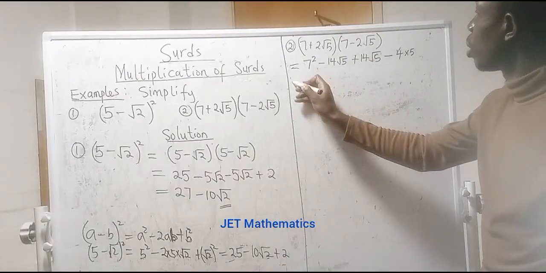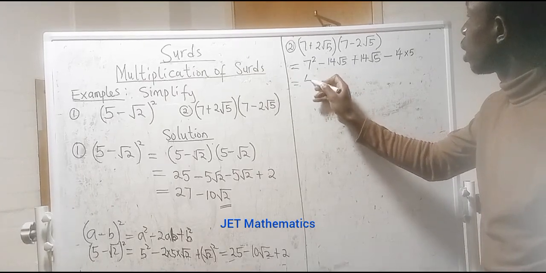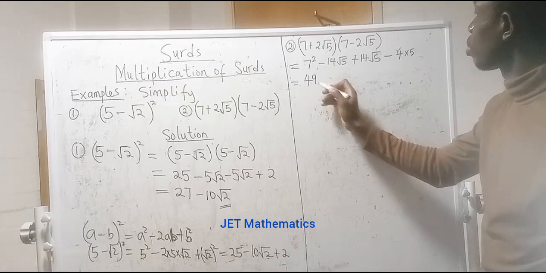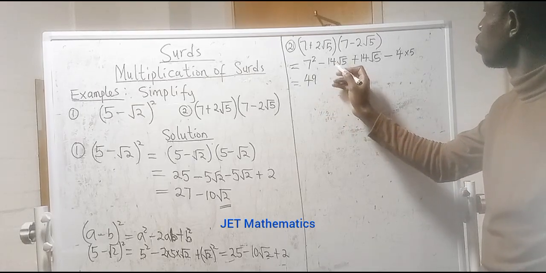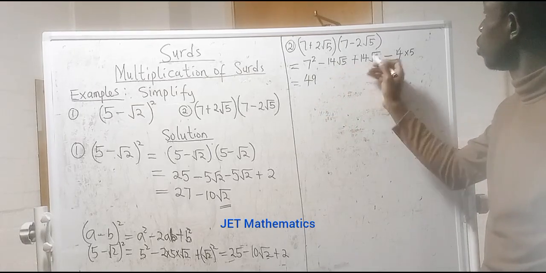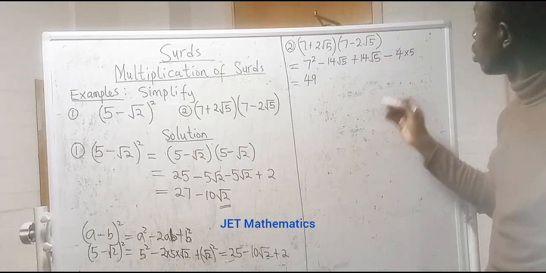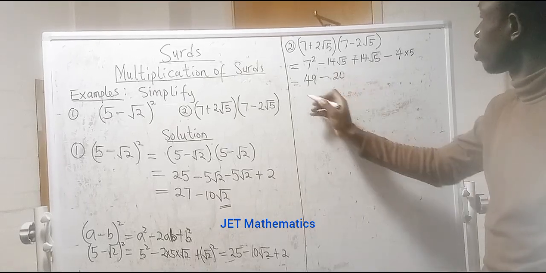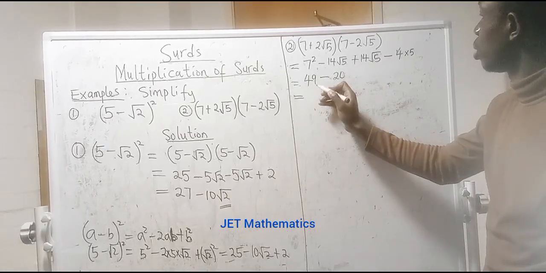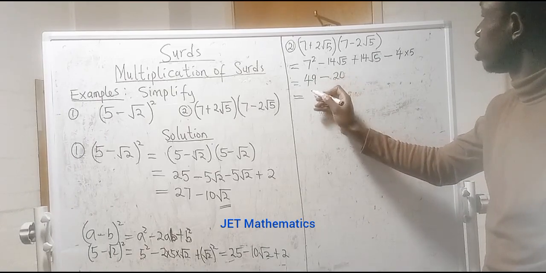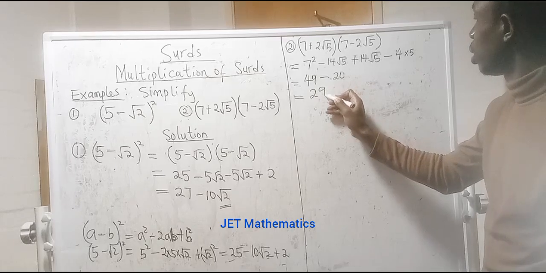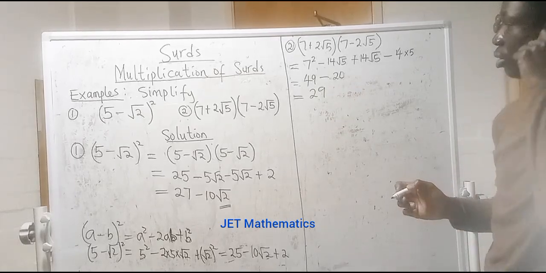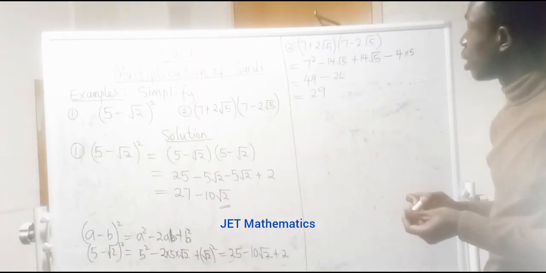Alright, so from here we have that this is 49, and minus 14 root 5 plus 14 root 5 goes off, is 0, and then here we have minus 20, and this gives us 49 minus 20, that is 29. Okay, that is taken.